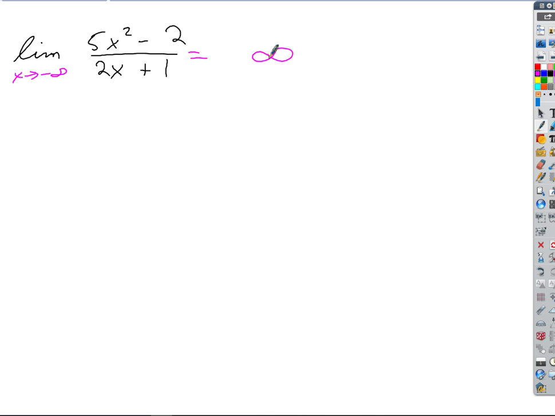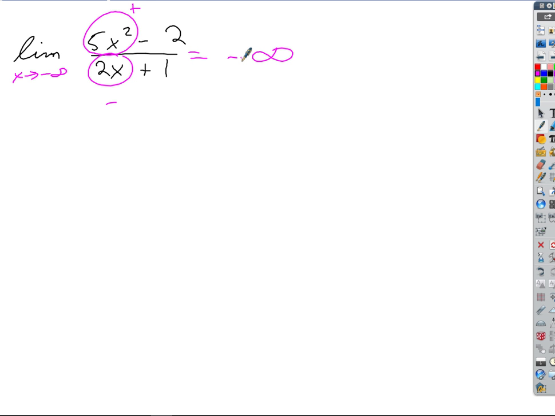As x approaches negative infinity, what's the sign of the leading term on top going to be? Positive, because a negative number squared times 5 is positive. Everybody see that? So I'm getting positive. On the bottom, I'm going to get negative, because I'm approaching a negative number. Positive times negative is negative. Positive over negative is negative. Make sense?